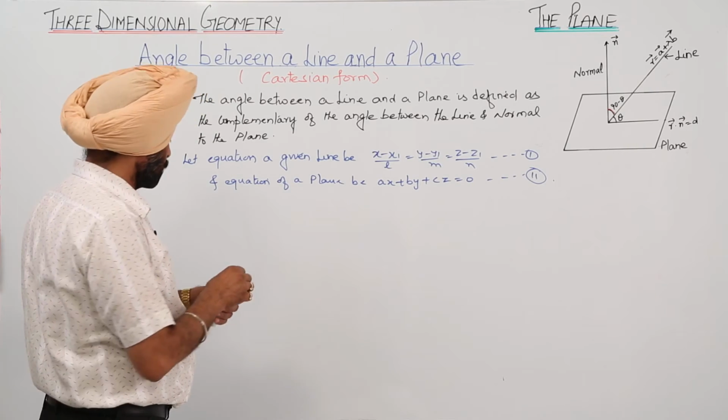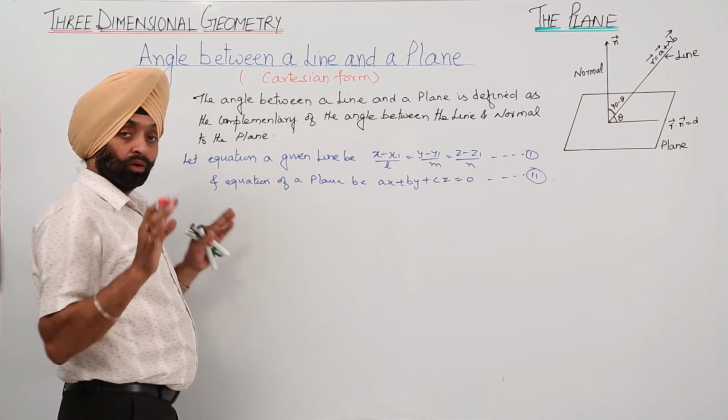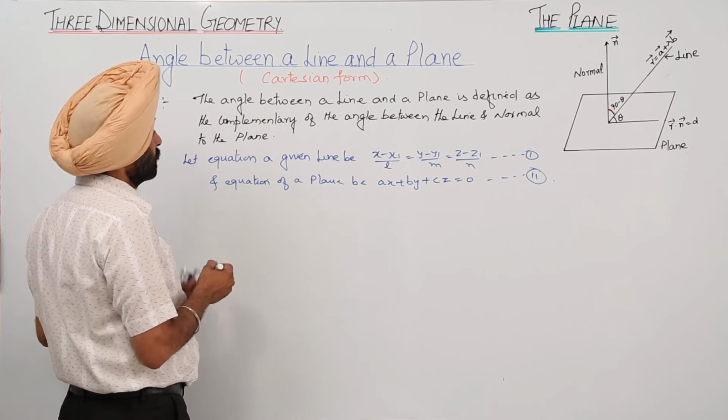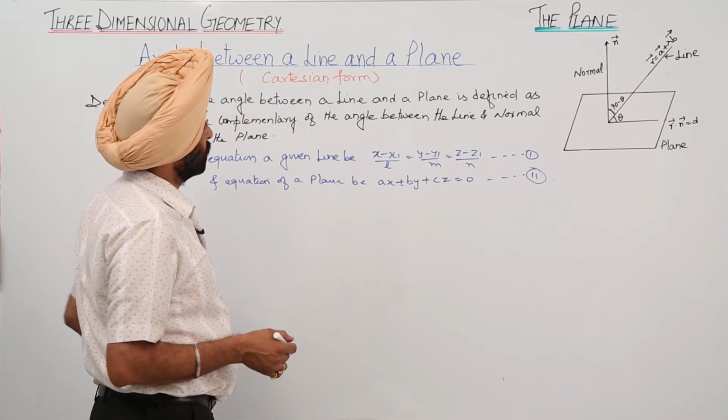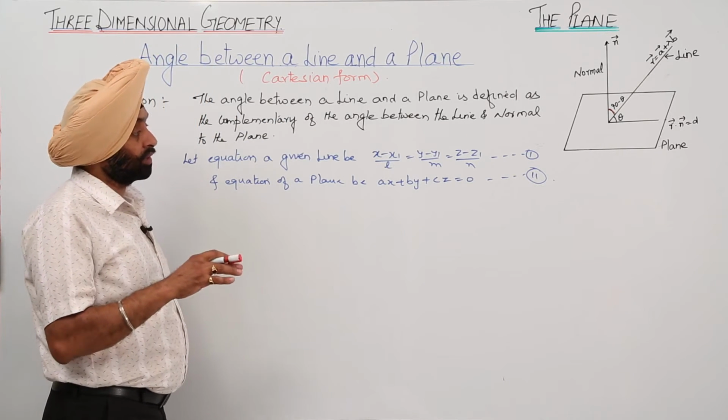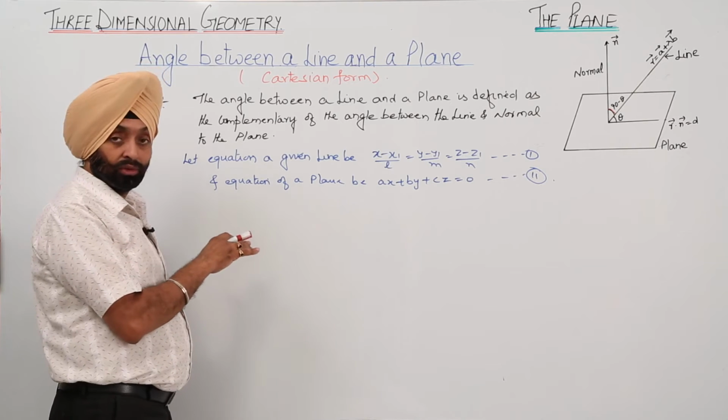Now, we are already knowing by the definition, the angle between a line and a plane is defined as the complementary of the angle between the line and the normal to the plane.